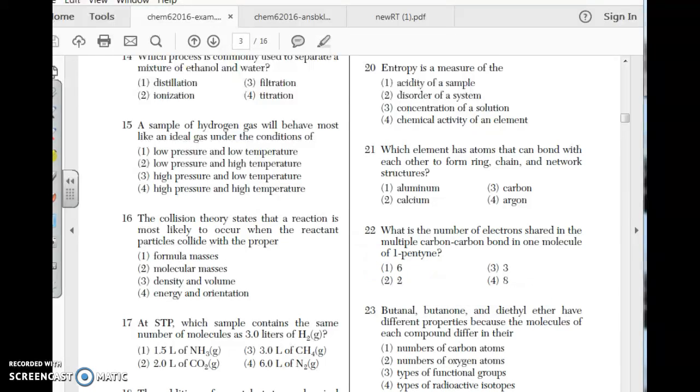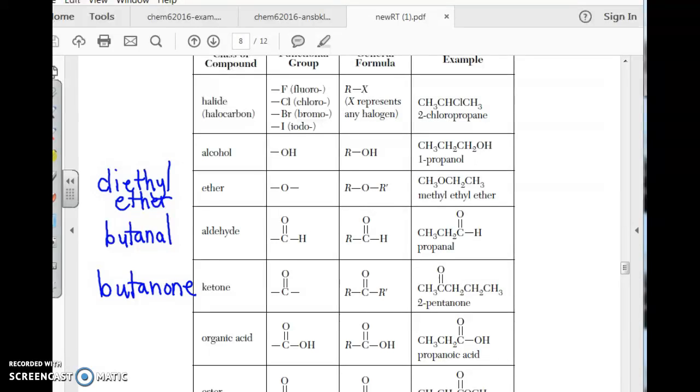Number 23, butanal, butanone, and diethyl ether have different properties because the molecules of each compound differ in their. Well, in order to talk about these effectively, why don't we now go to Table R, where these compounds are all listed. Recall that butanal, look at the table.